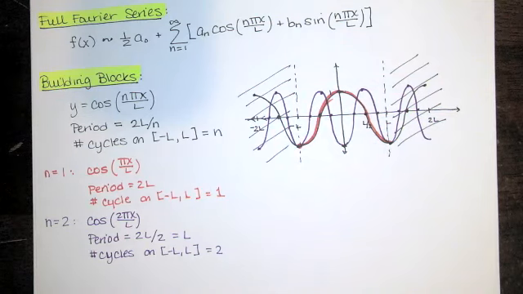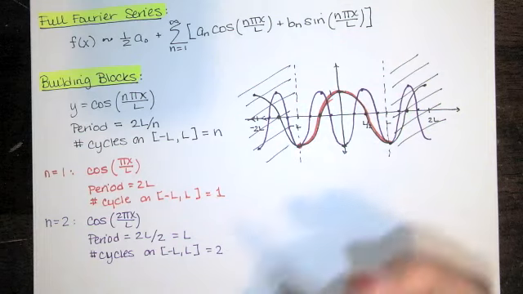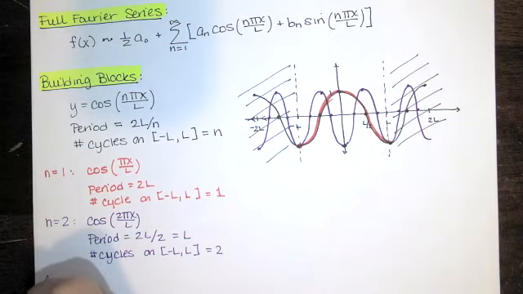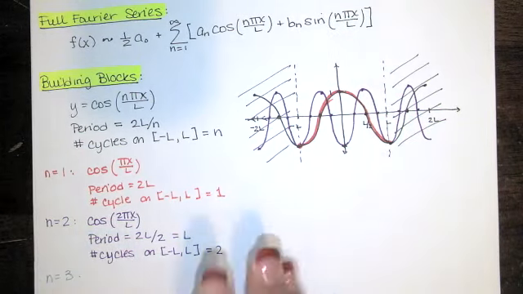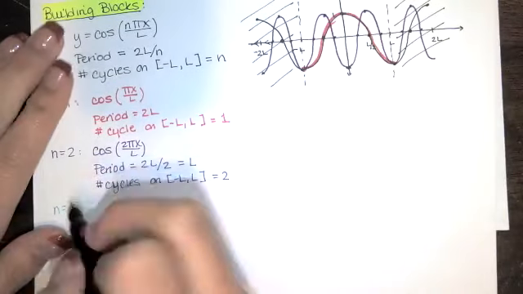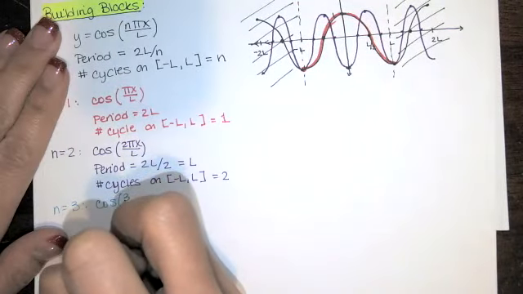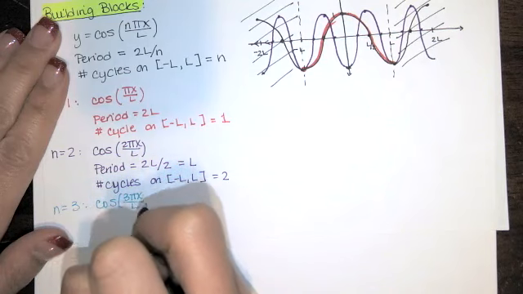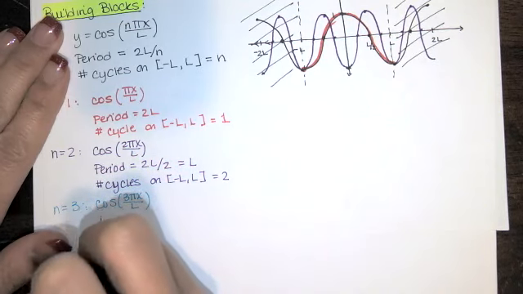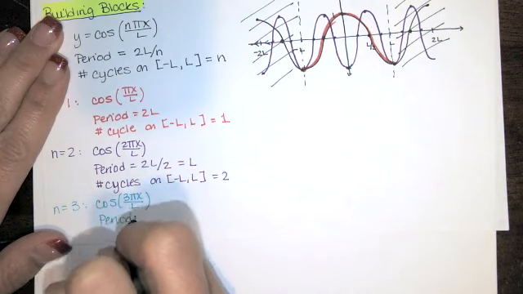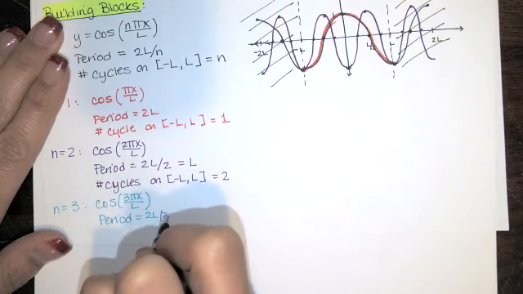And then if n is equal to 3, as you can imagine, we've got cosine of 3 pi x over L. And so that's taking our interval from -L to L, our period of 2L, and it's dividing it by 3.